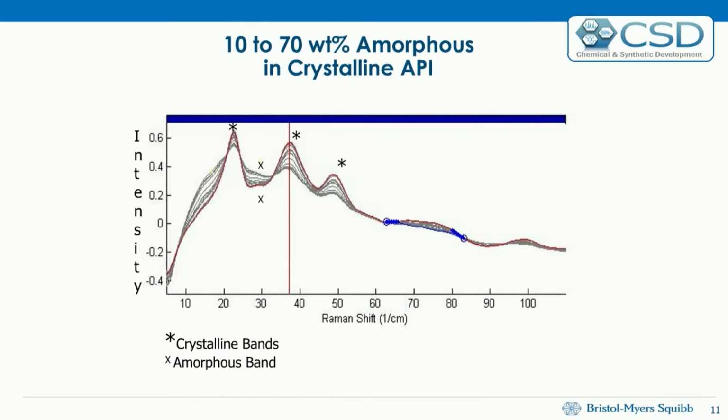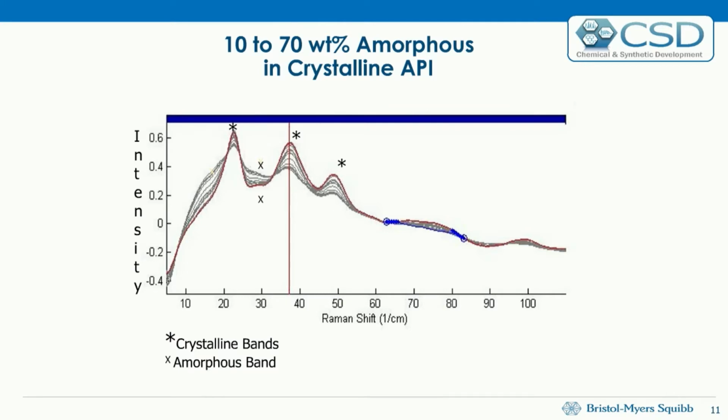This is from an early study where we had a mixture of amorphous material and crystalline material. We did it on a weight basis, so we could look at the differences going from 10 to 70% amorphous in crystalline API. So this is taking our primary method results using solid state NMR, DSC and powder X-ray.